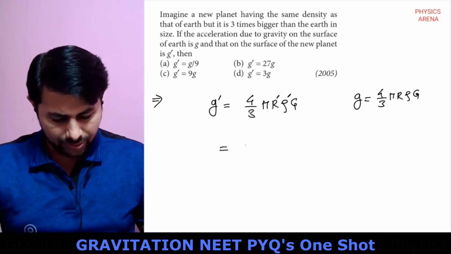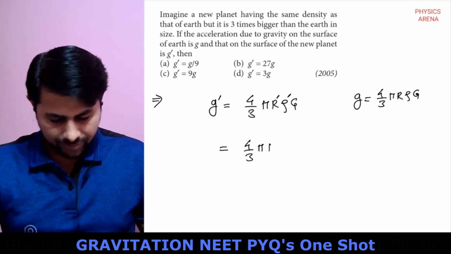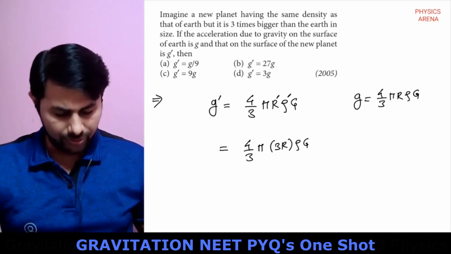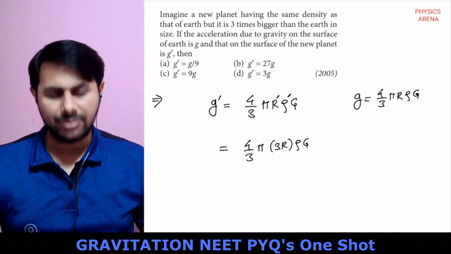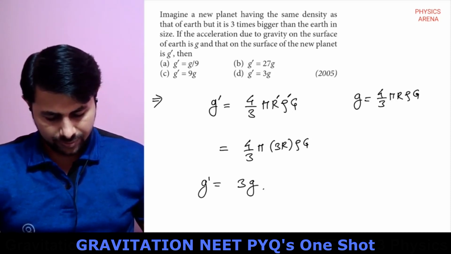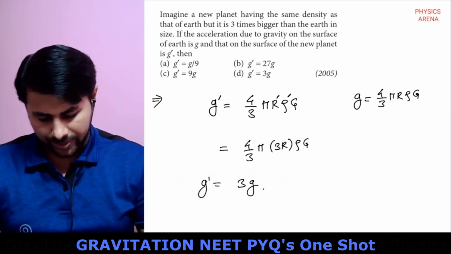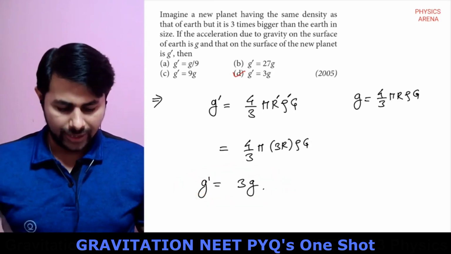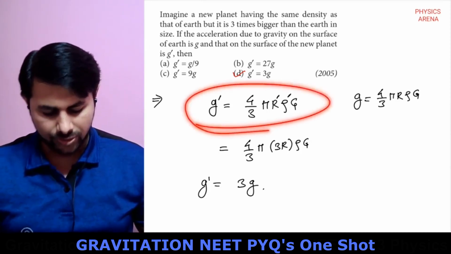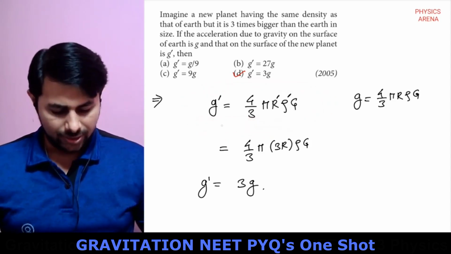Therefore you can write g dash equals 4 by 3 pi multiplied by 3 times r into rho into G. Rho dash is equal to rho, r dash is equal to 3 times r, and therefore it is 3 times g, right? Option D. Whenever density is involved, you have to use this formula. Please remember this. Whenever density is there, use this formula.